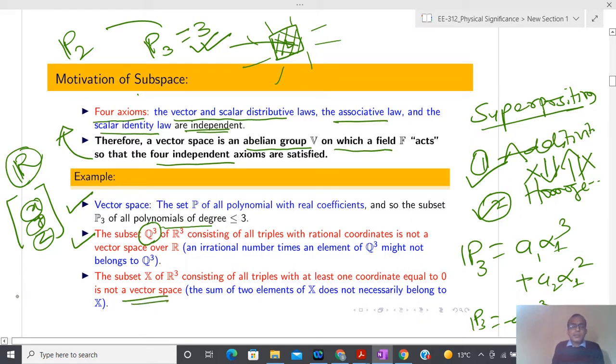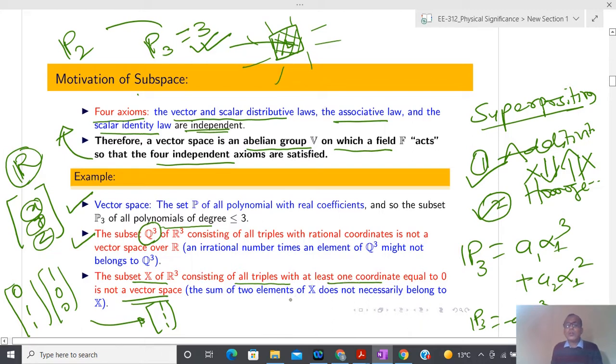Because it is possible, if we are just saying at least one coordinate, that I can define a vector like this and 1 0 0. If you do addition, then all three coordinates become non-zero. For that reason, this subset which contains all triplets with at least one coordinate equal to 0 is not a vector space.